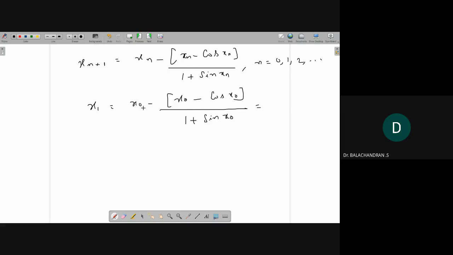Then you have the symbol X. If you don't get it, please tell me.